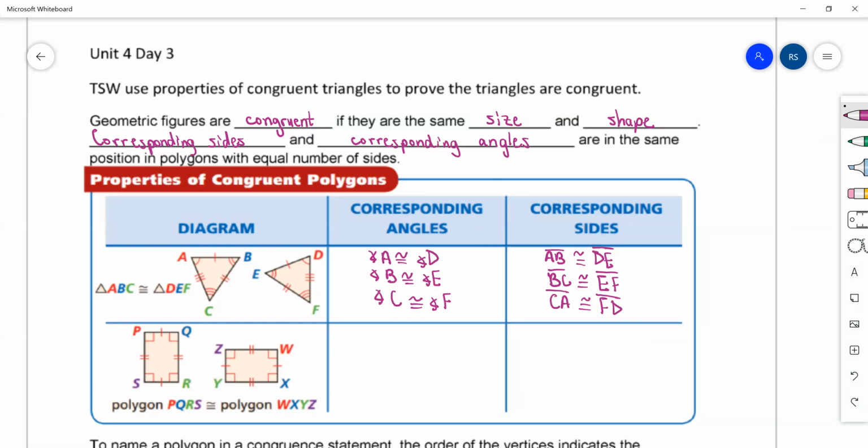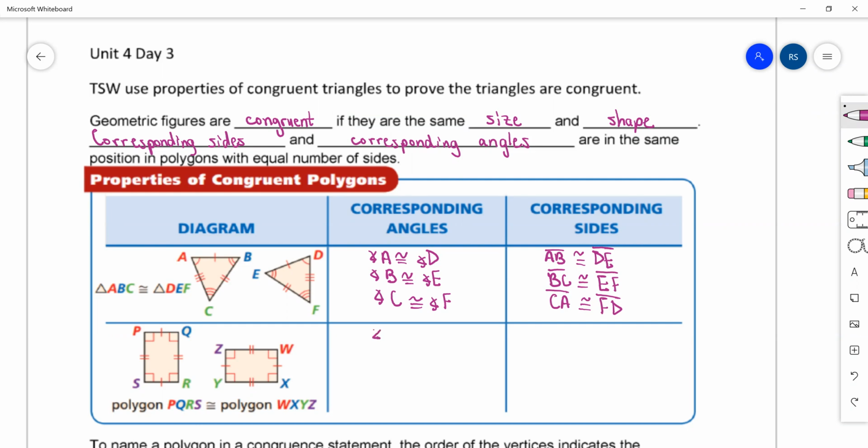Now, that's in a triangle. Let's just look at a polygon in general. In our case, it's a rectangle. So first, we need to name the corresponding angles.